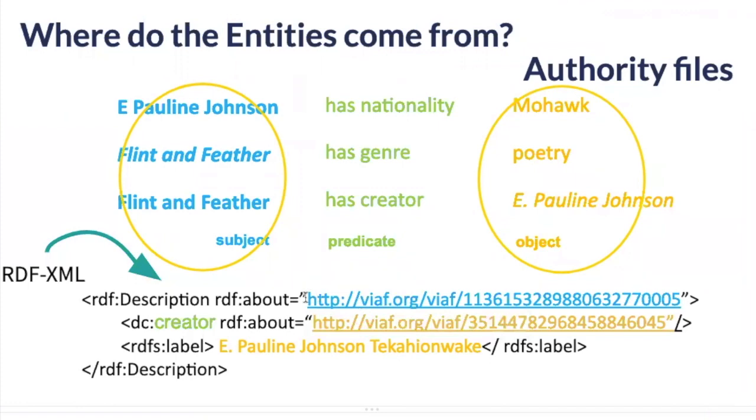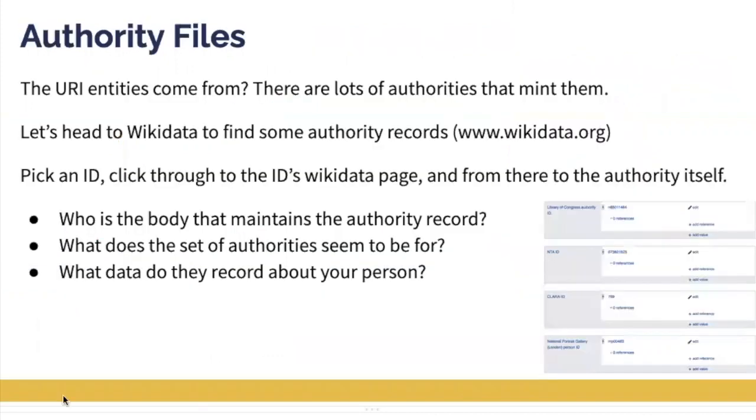So if you have ever written or published a book in Canada, you probably have a VIAF number and are right to be represented as linked data. So where do the URIs come from? There are lots of authorities that mint them. There are lots of authorities out there that have created these unique identifiers for people. There's no one URI minting service to rule them all.